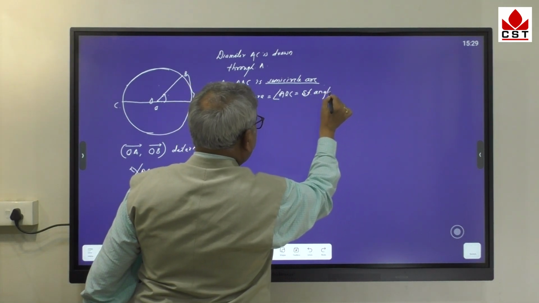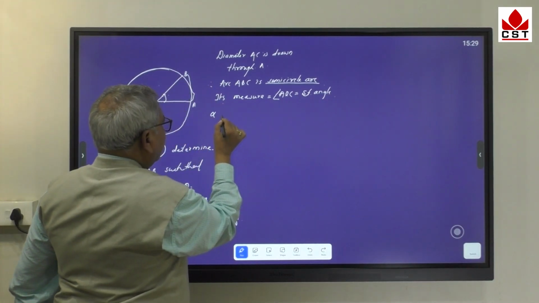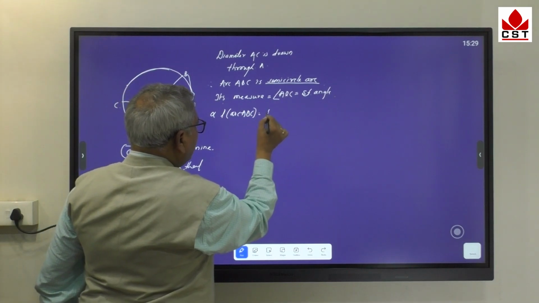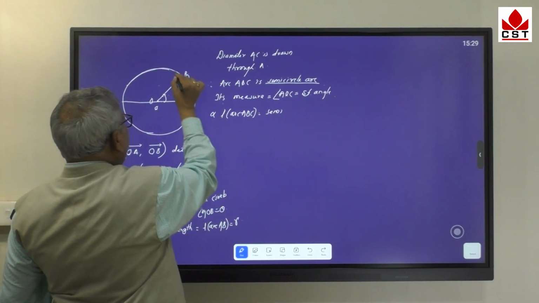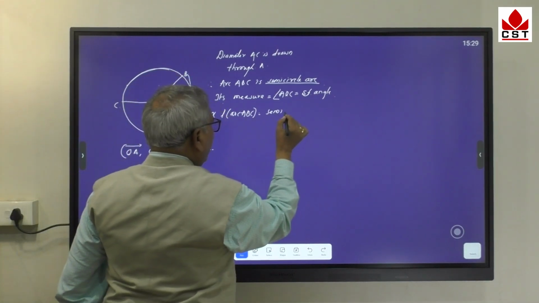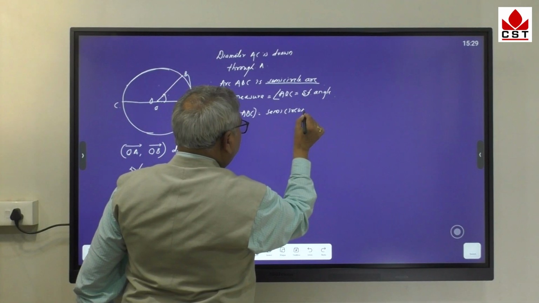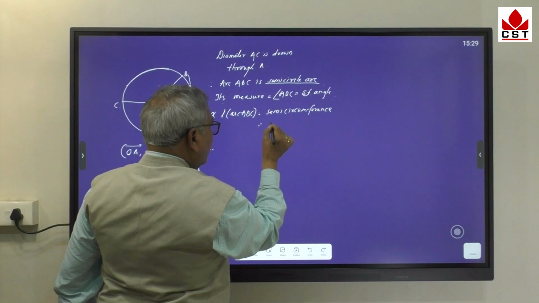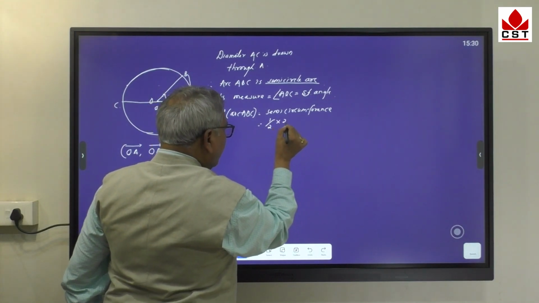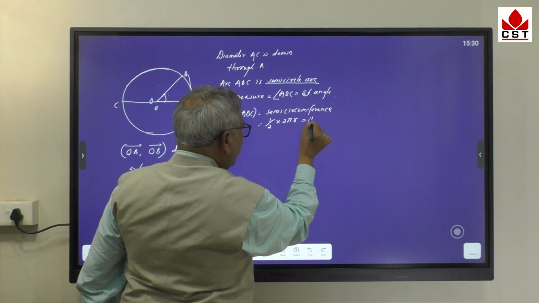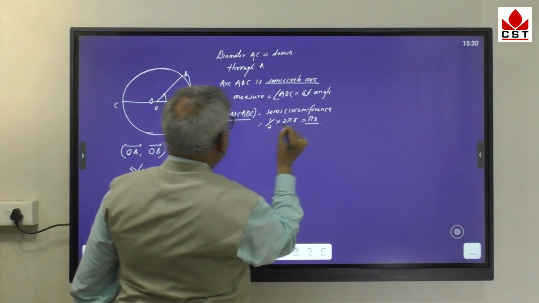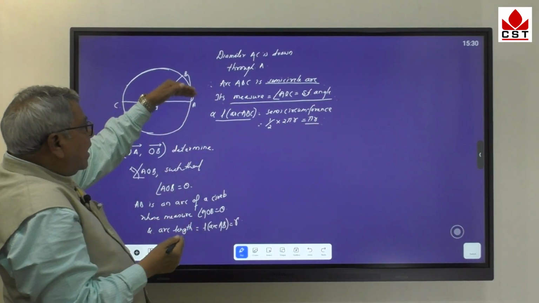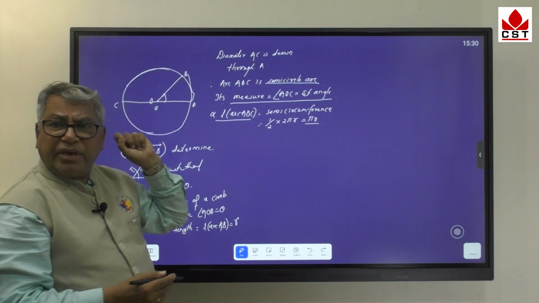It's a constant angle, straight angle measure, and length of arc ABC is equal to semi-circumference, which is half into 2 pi r, equal to pi r. That is the length of arc, and its measure is equal to straight angle.